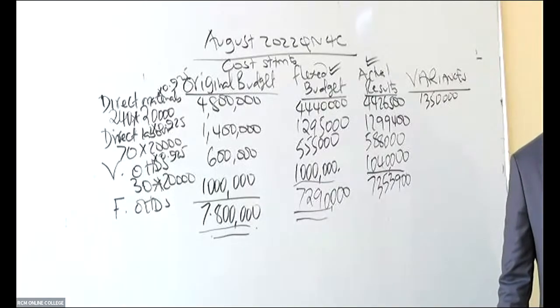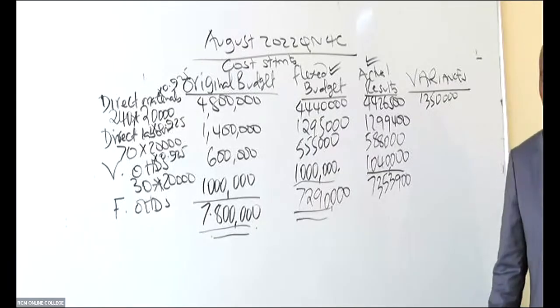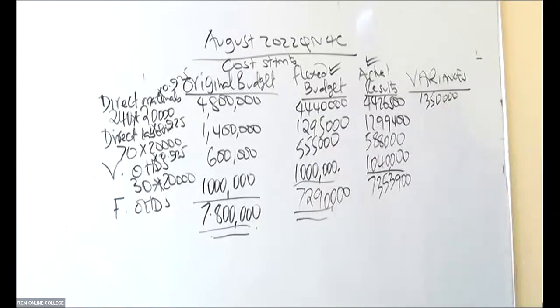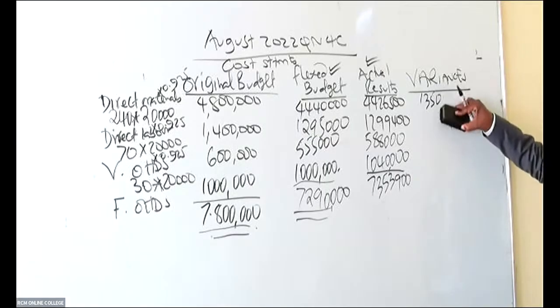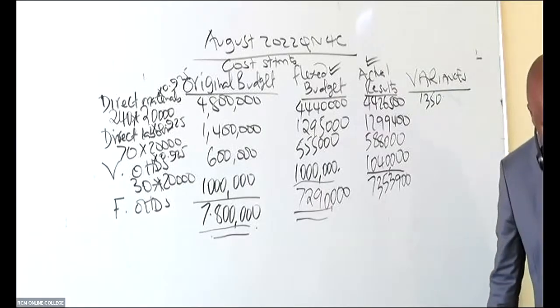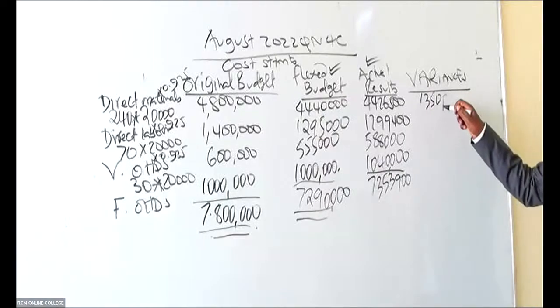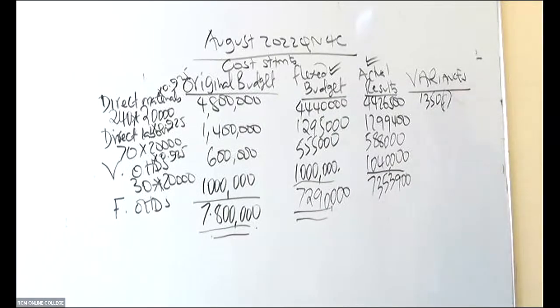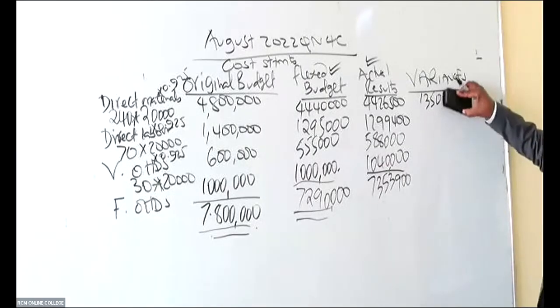Why have we saved on cost? How have you checked this out? We have used less materials, you are right. You have saved, isn't it? So then it's favorable, right? It is favorable. 13,500.